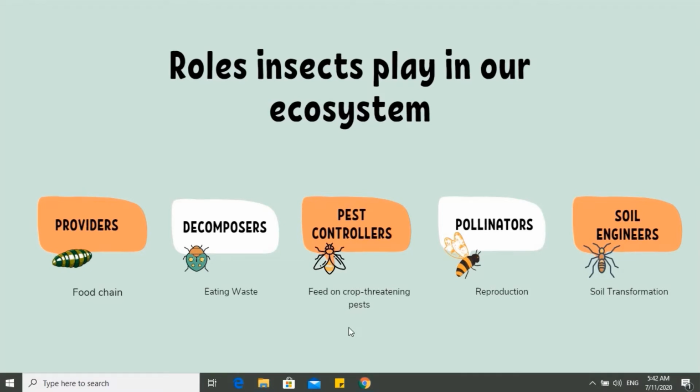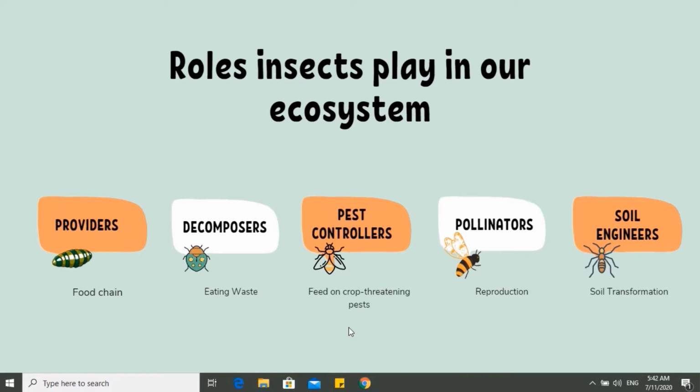As for pest controllers, some insects feed on crop-threatening pests that cause harmful effects to farms and animals and cause human diseases, so they prevent more damage to the farming industries and save millions for human beings every year.